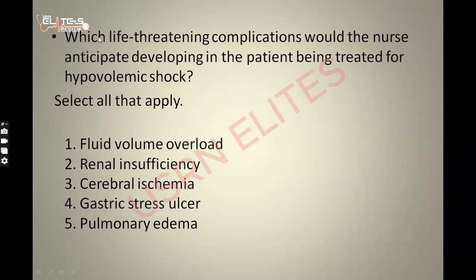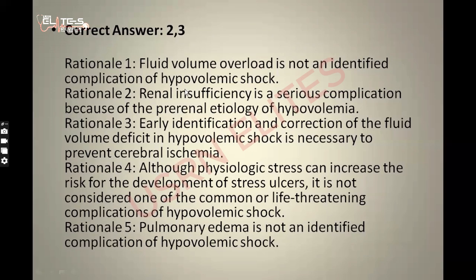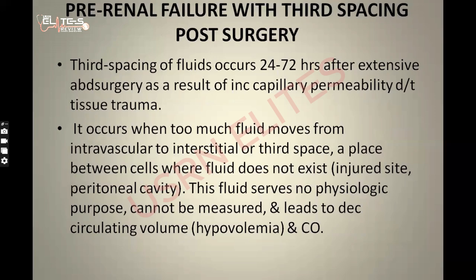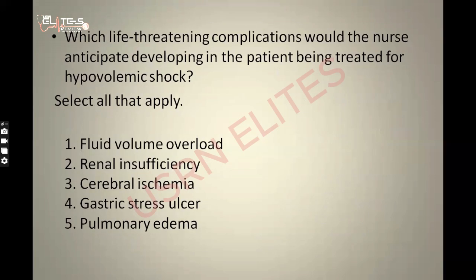So there's an issue with the question. Do you get it? So it has been flagged. The answers chosen here were actually complications of hypovolemic shock. That is where you get renal insufficiency and cerebral ischemia.